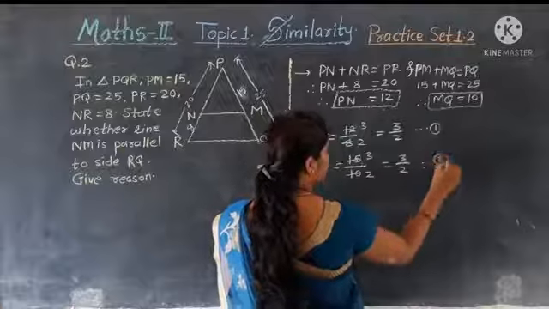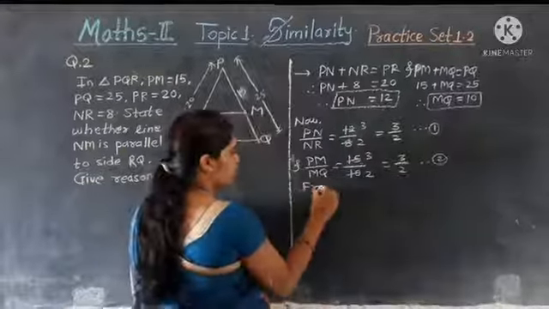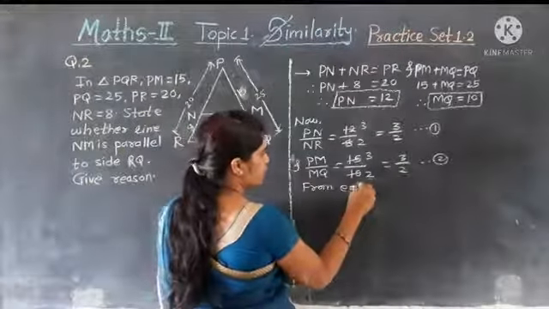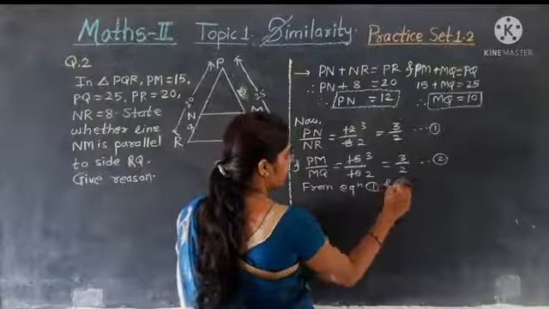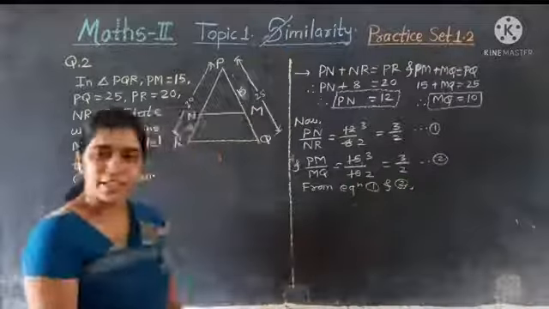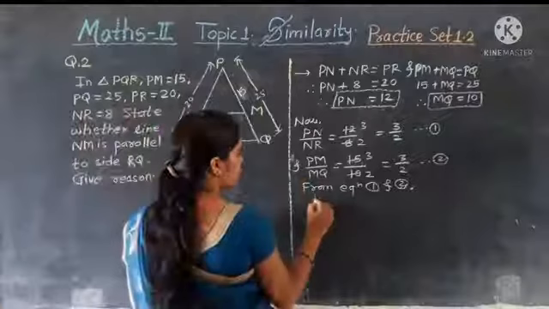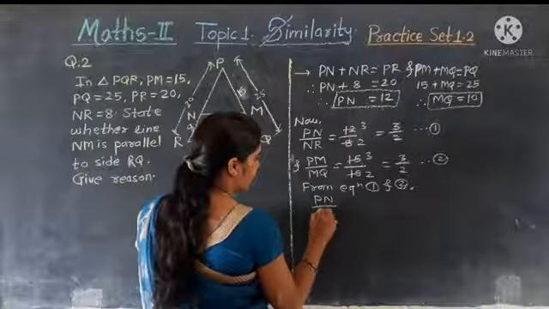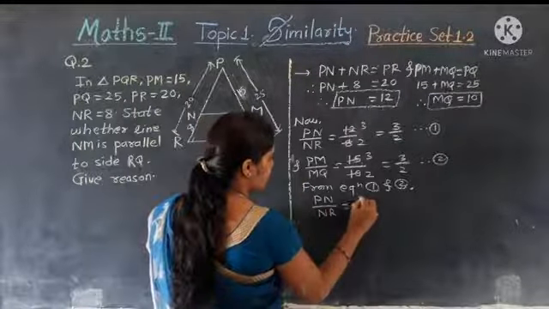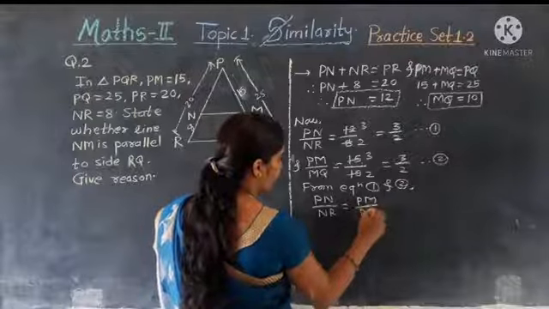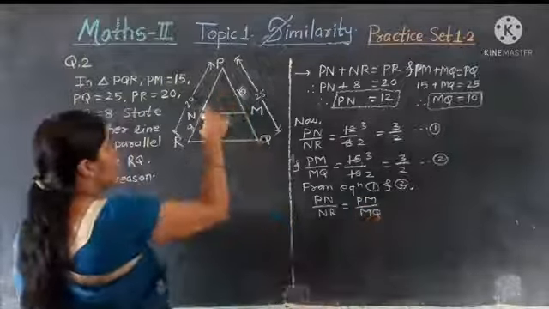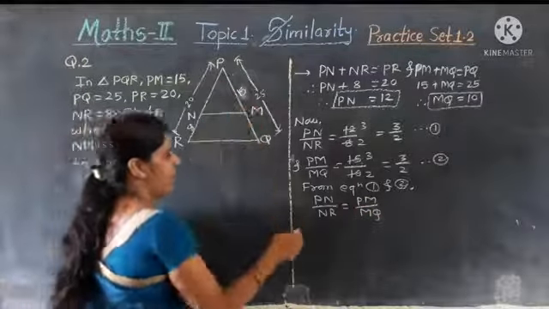From equation first and second, these both ratios are same. Which ratios? PN upon NR is equal to PM upon MQ. If these ratios are same, then the lines are parallel.